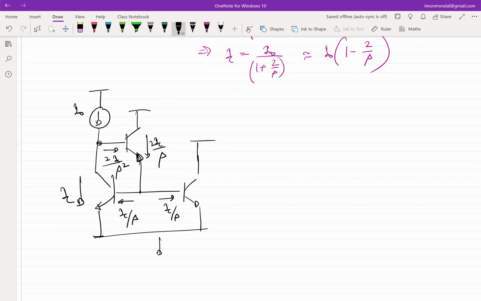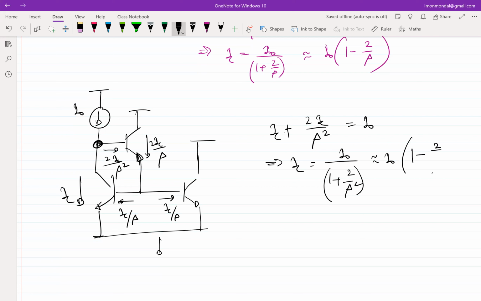So the KCL at this node becomes IC plus 2IC over beta squared equals I0, which means IC is approximately I0. So this is much better than this, right?